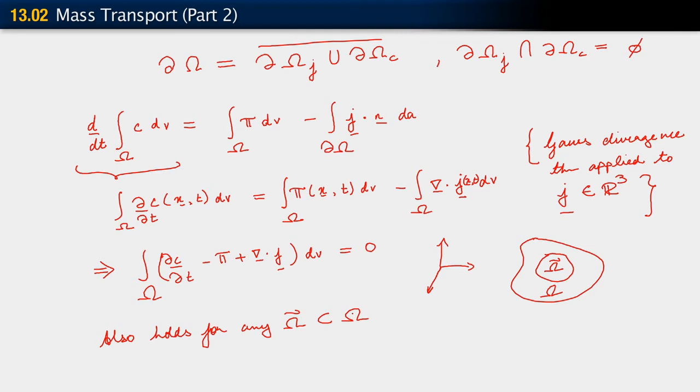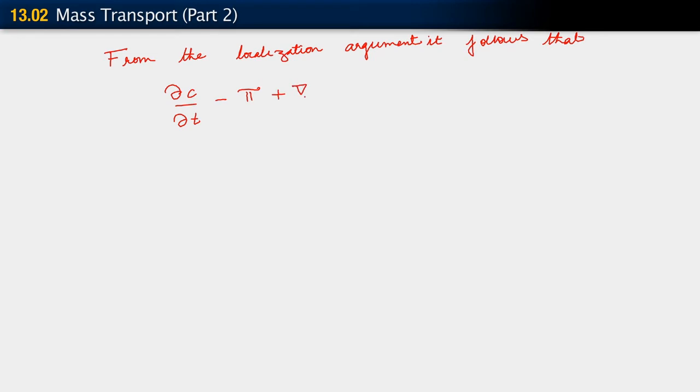If this condition always must hold for any omega tilde subset of omega, it follows from the localization argument that the partial of c with respect to time minus pi plus the divergence of J equals 0. And this holds now at any point in omega.